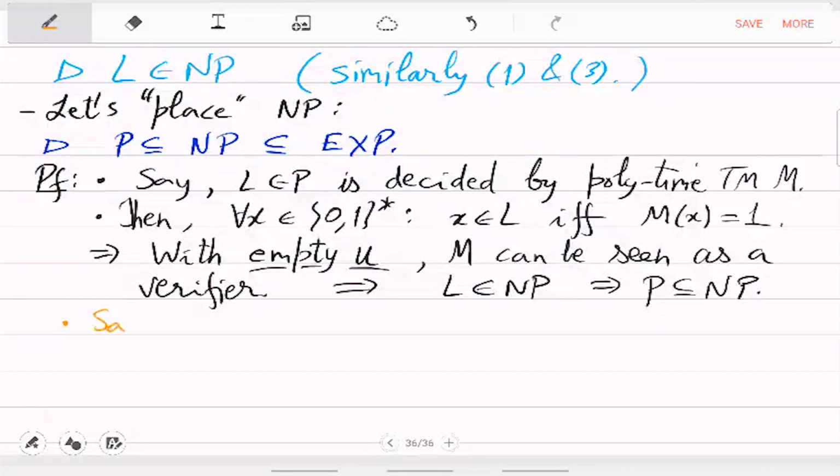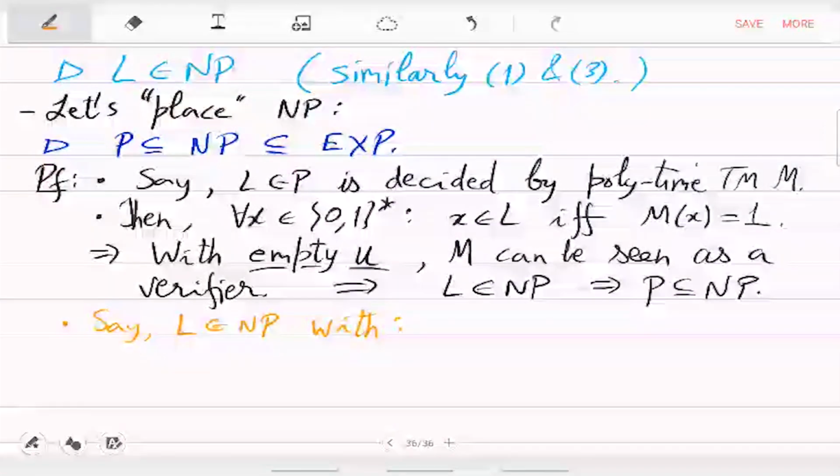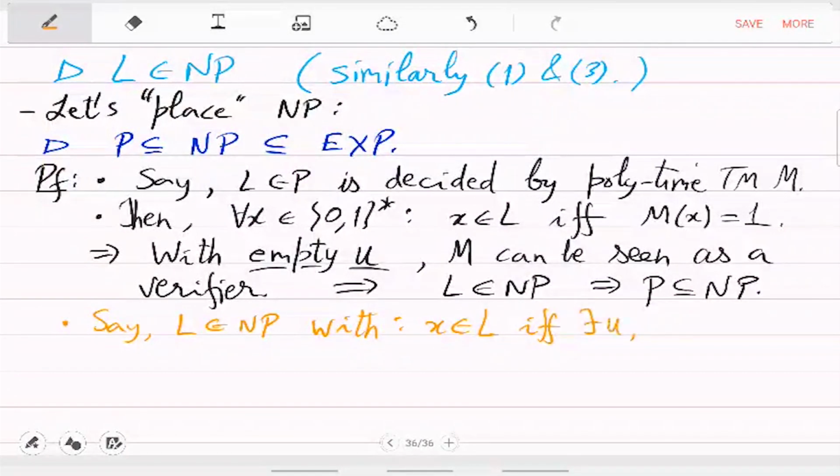So, now say L is in NP, with x in L if and only if there is a certificate U and some verifier M accepts U. Maybe to avoid confusion with the old L and M, let's call it L prime and M prime.